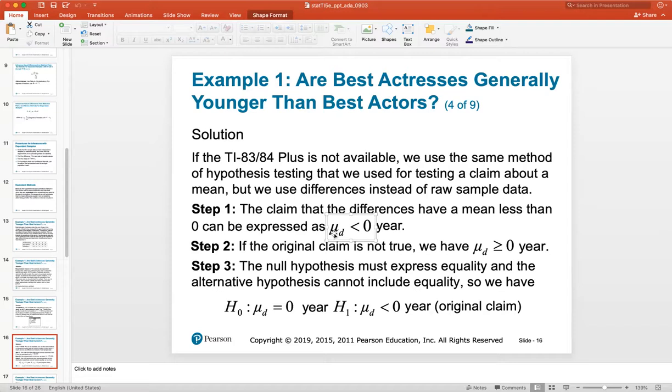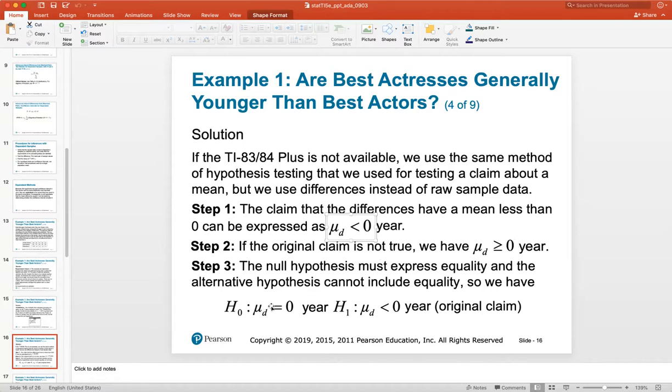So the mu d is that sample mean. Mu of d is less than 0, because if the original claim is not true, we have mu of d greater than or equal to 0. The null hypothesis always has the equal sign.